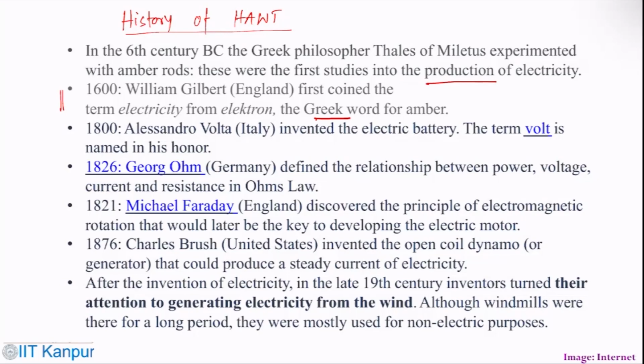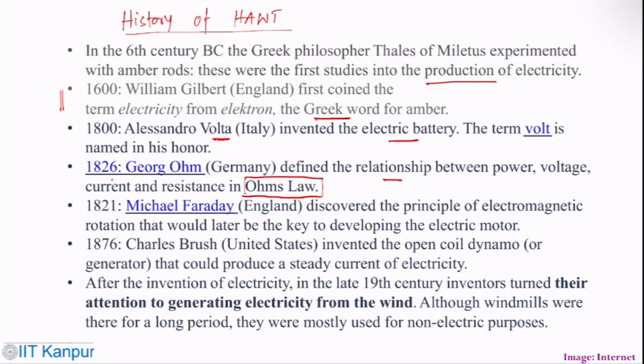Then in 1800, Alessandro Volta invented the electric battery, and the term volt was named in his honor. This is where we commonly talk about how much the power capacity is in terms of volts. Then in 1826, George Ohm defined the relationship between power and voltage, the famous Ohm's law, which is commonly used in electricity.